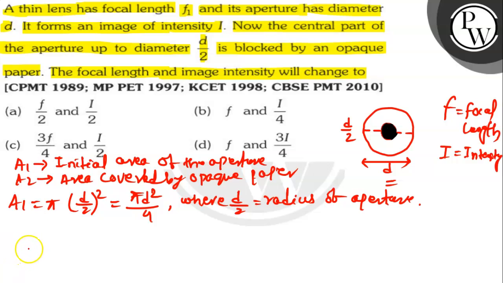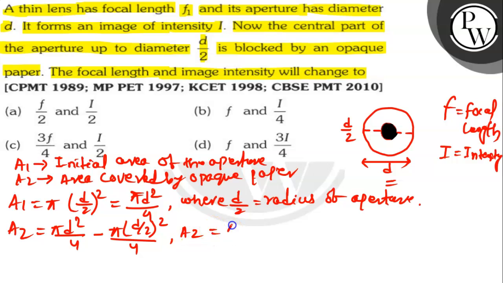paper. Then the area will be A2 is equals to pi d square by 4 minus pi into d by 2 whole square divided by 4. On simplifying, we get A2 equals to pi d square by 4 minus pi d square by 16.